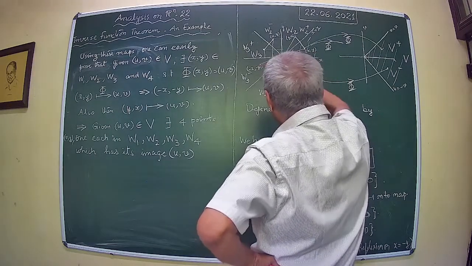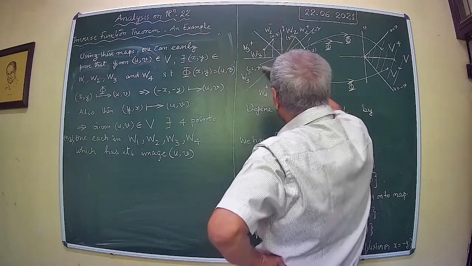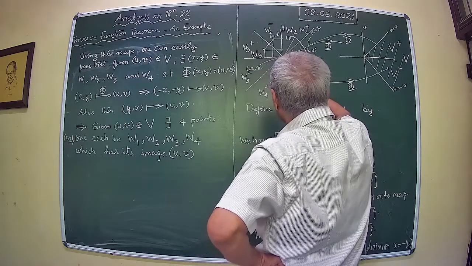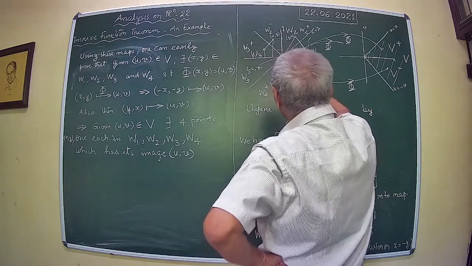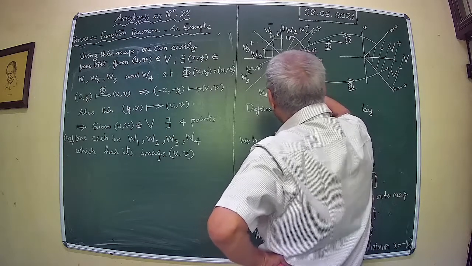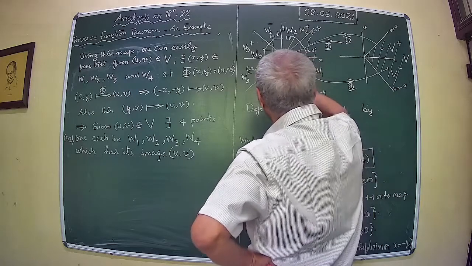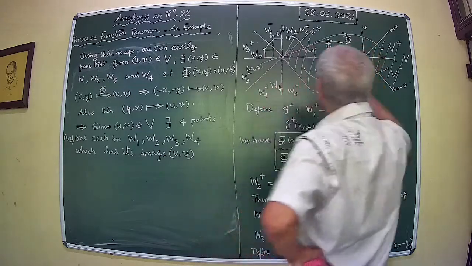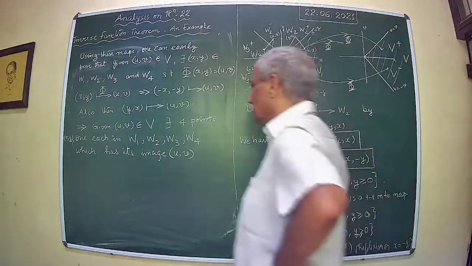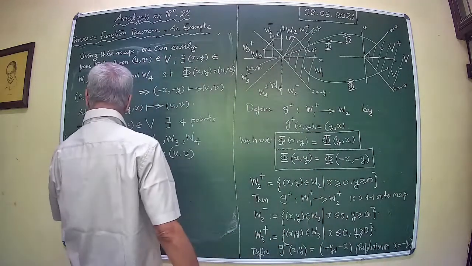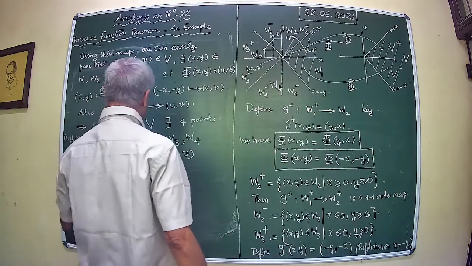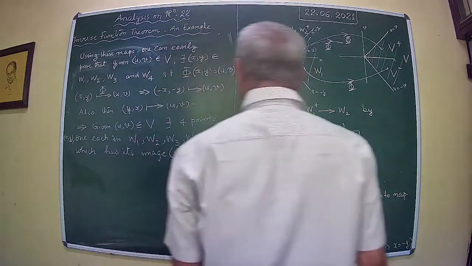Then you take this reflection on this one, and that is what you get, minus Y minus X. Okay, minus Y minus X is also getting mapped to the same point.